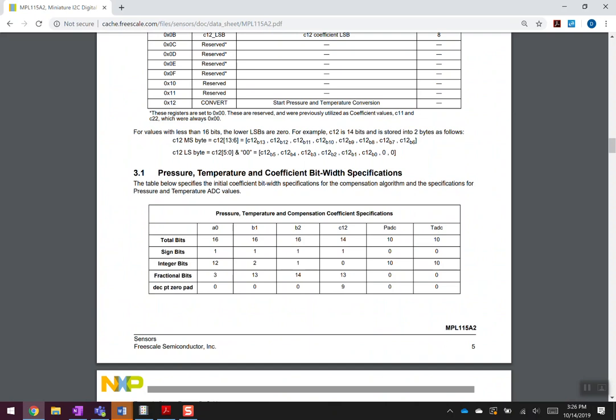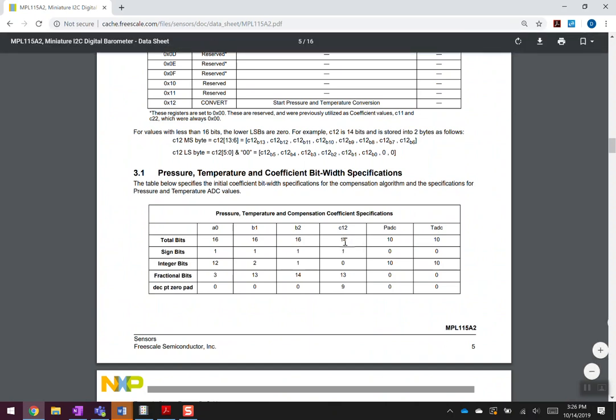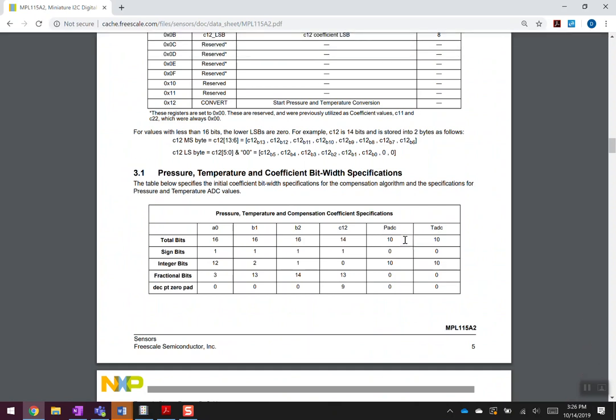Now if we go to this, we can see it's going to be a similar pattern for B1, B2, and C12. C12 is a little bit different because it's only got 14 bits, and ADC and TDC only have 10. Now I'm not going to go into detail on how to do these on paper. We'll do them when we start writing the code.